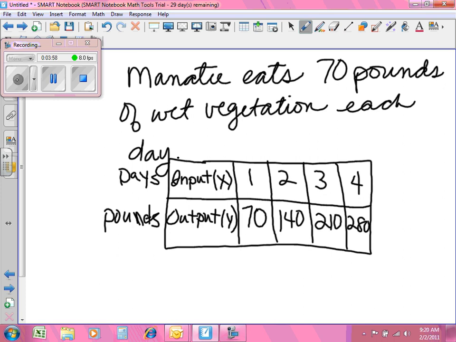So, here's our table. Typically, if you're given something to find or to create a table about, if you're trying to find the relationship between a number of cookies eaten in a number of minutes or the inches of rainfall in a certain number of days, most likely your time units are going to be your inputs because you always know the time.